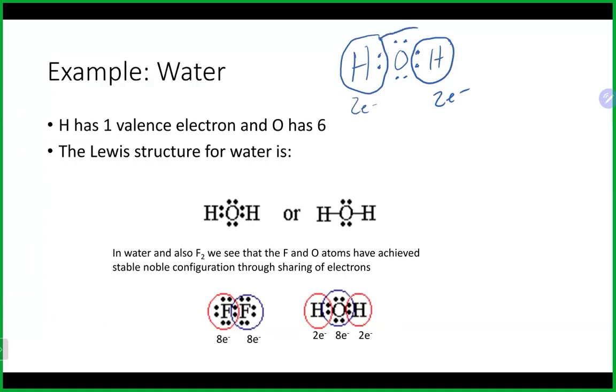And the oxygen, by sharing with both of those hydrogens, will hit that magic number of 8. And again, through all this sharing of electrons, everybody is able to hit that noble gas configuration, which, as I mentioned a number of times by now, is really the whole purpose of all bonding: for everybody to end up right over there in group number 8 in terms of their electron configuration and be really, really stable.